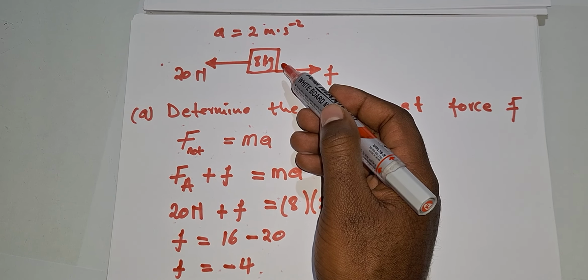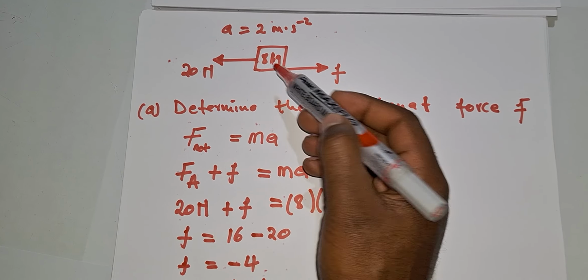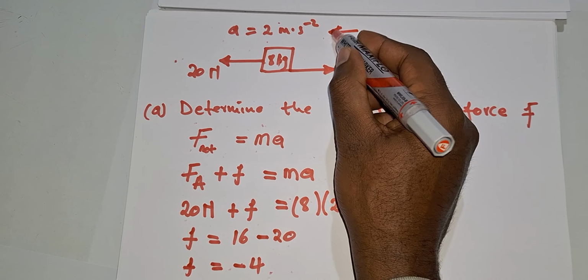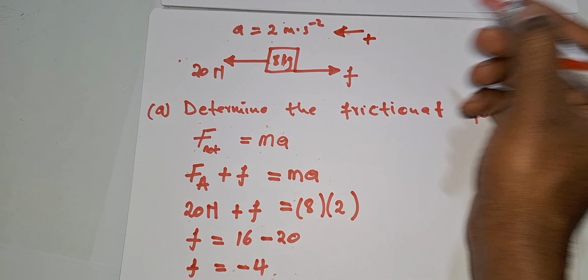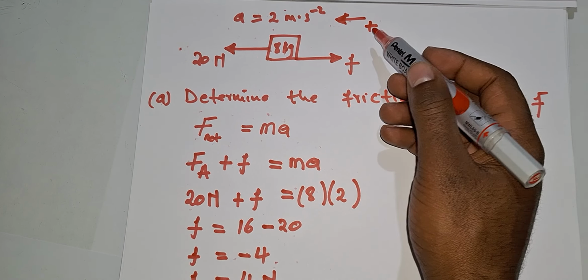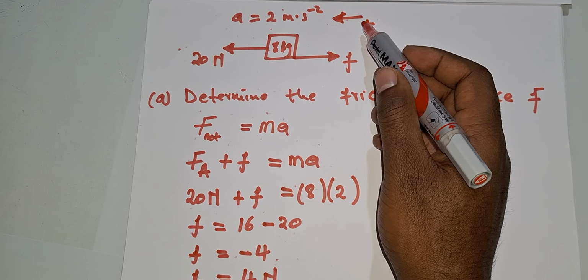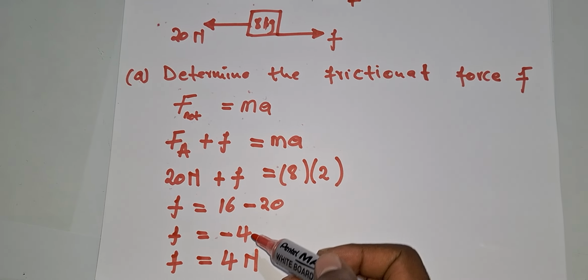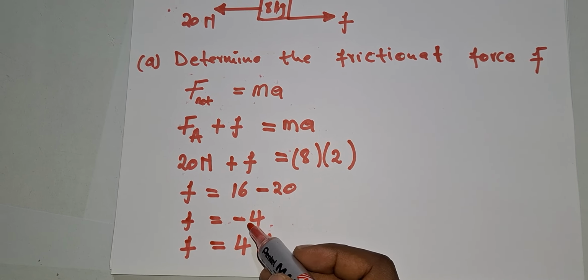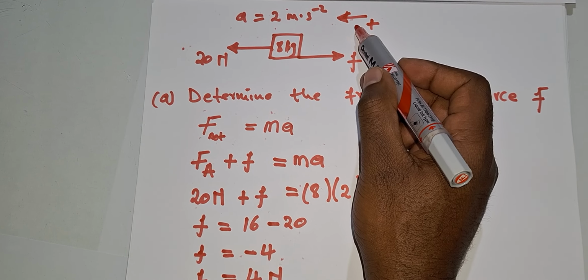So we were told that the acceleration of this object was to the left, which is in this direction, right? So if we choose the left-hand side to be positive, and we end up with an answer that is a negative number, which means it is going in the opposite direction of the acceleration.